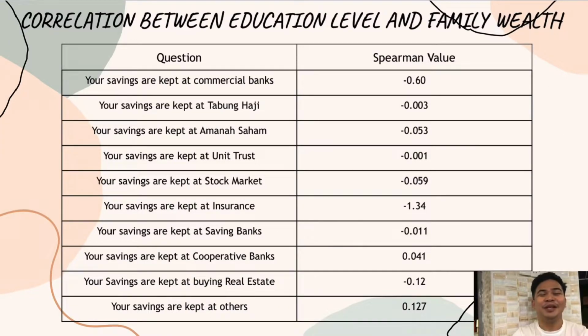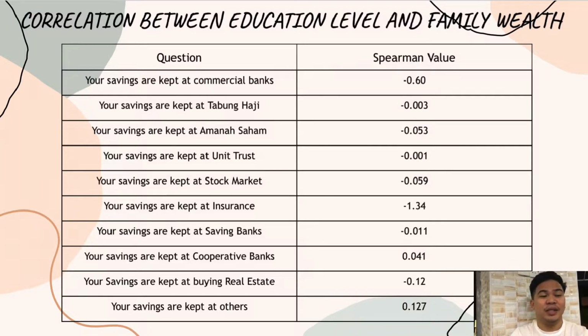Next, correlation between education level and family wealth. Spearman correlation between highest education level and wealth correlation. Savings that are kept at commercial bank show strong negative interaction with the Spearman value negative 0.60.